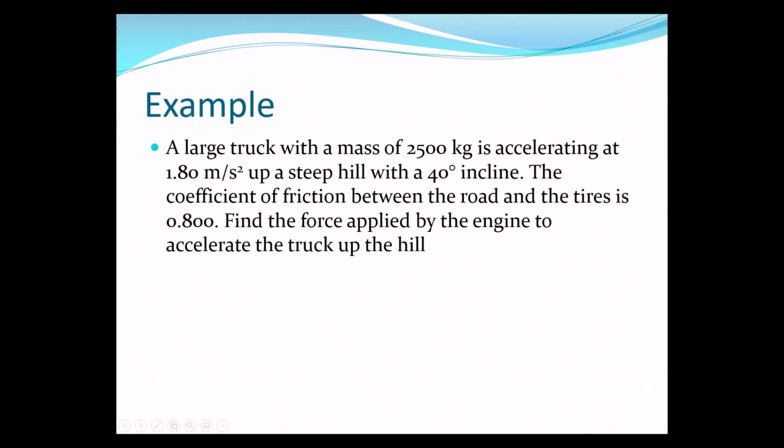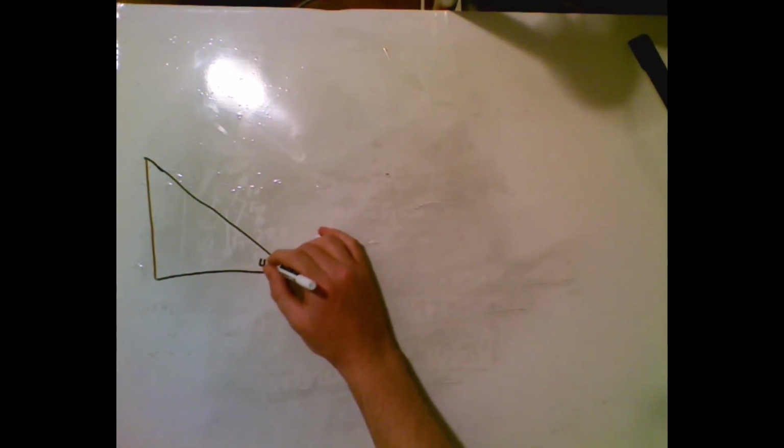So I'm going to switch back to my board view. So with this inclined plane, I'm going to make it nice and big and not in my glare spot so that everything fits on there. So I'll fill in this 40 degrees.